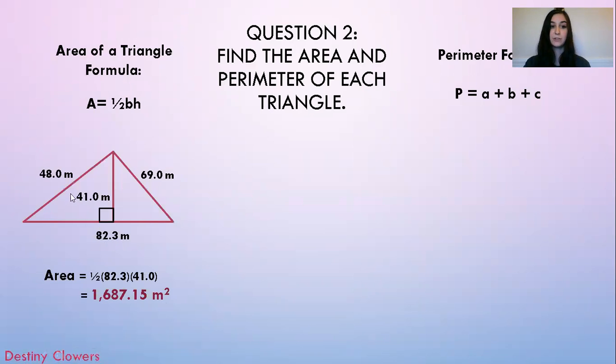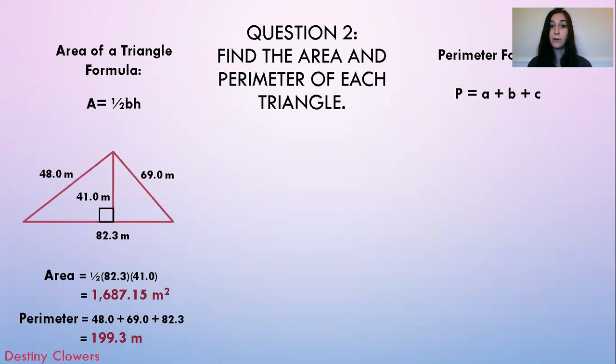So 82.3 plus 48.0 plus 69.0 equals 199.3 meters. Now, we don't add this number because that number is inside of the triangle, and we are only looking for the numbers on the outside. So in case you were wondering why we didn't add that one, that's why.